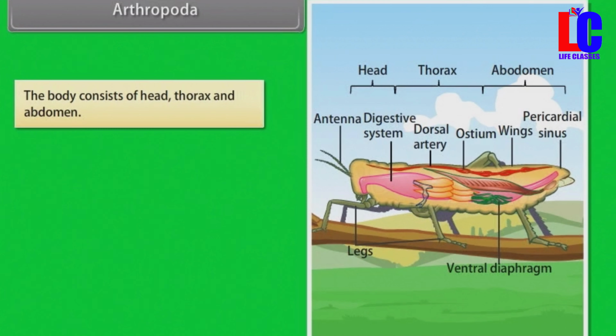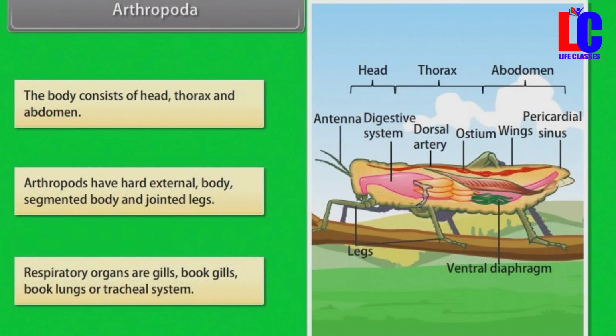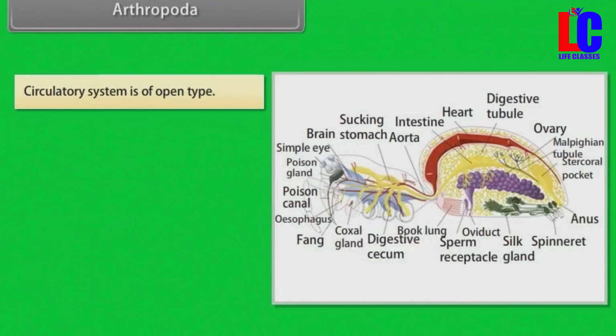The body consists of head, thorax, and abdomen. Arthropods have a hard external body, segmented body, and jointed legs. Respiratory organs are gills, book lungs, or tracheal system. Circulatory system is of open type.